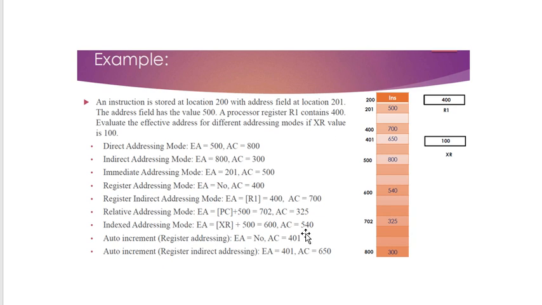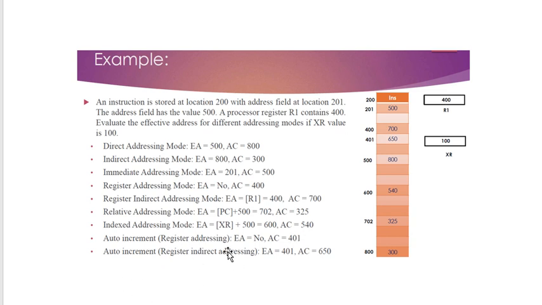But after we use the register, the content of the register will increase. Since you are going to use the register, you don't put anything in, but after we use it, the content will increase. So if the register was storing 400, it will become 401.